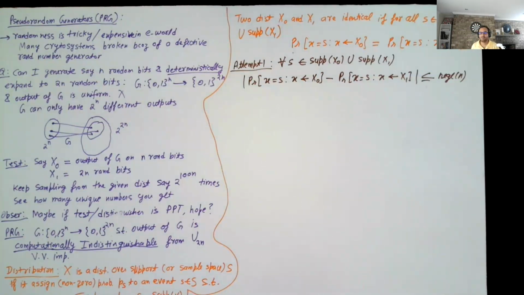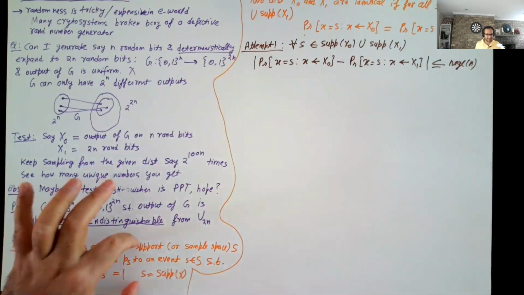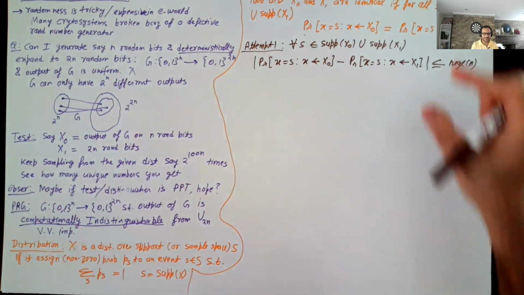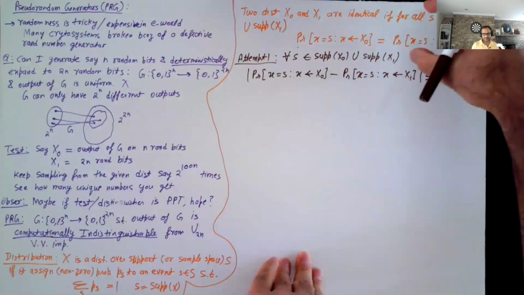Yeah, I mean, x0 and x1 are still distributions. So they do satisfy this notion, and we will require that. So sure, the probability of all events will sum to 1. And in addition, for computational indistinguishability, we require this rather than this.